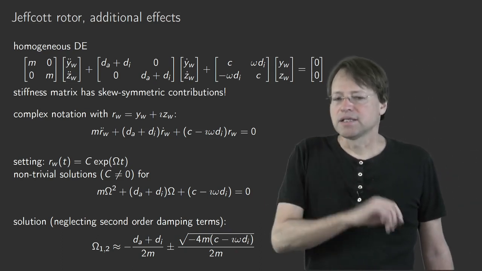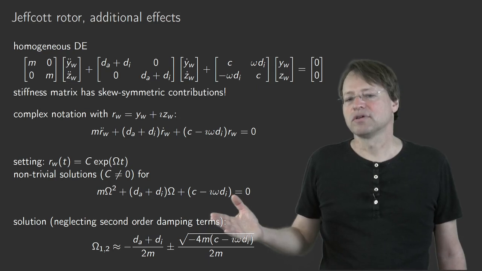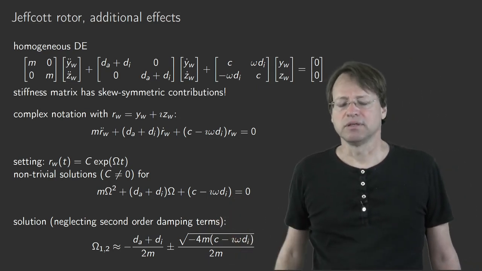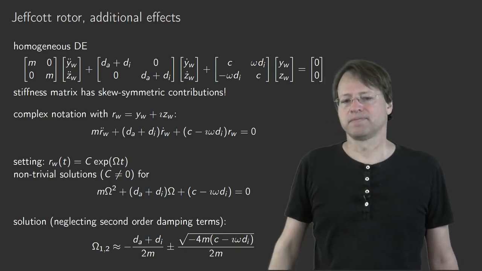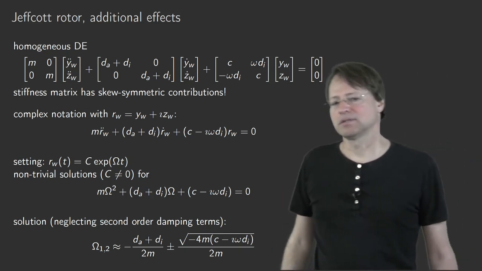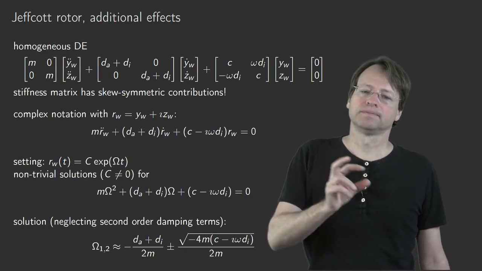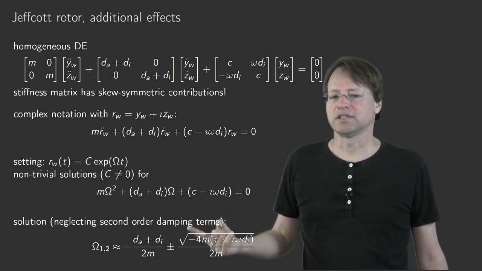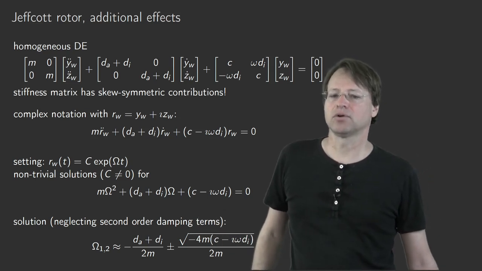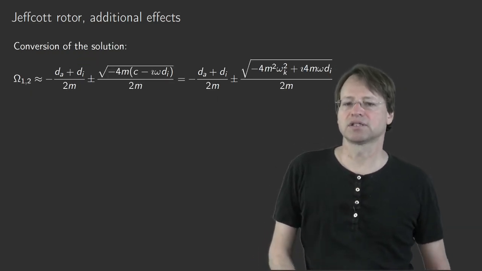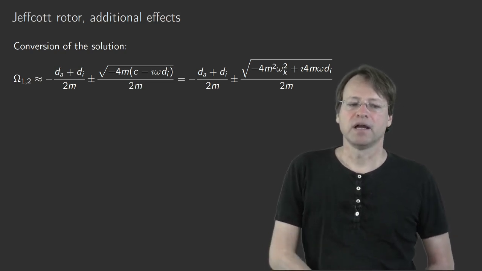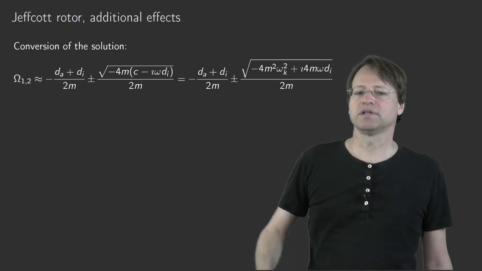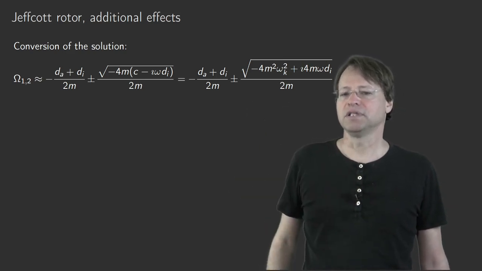Well, that's nice, but you see that due to the fact that we have a root here, the treatment of that term is a little bit difficult. It's not so obvious what it means to us. So therefore, let's try to find the root under the same assumption as done here by neglecting second order damping terms. This is done on the next slide. Well, first of all, I introduce the classical quantities, namely the critical speed here.